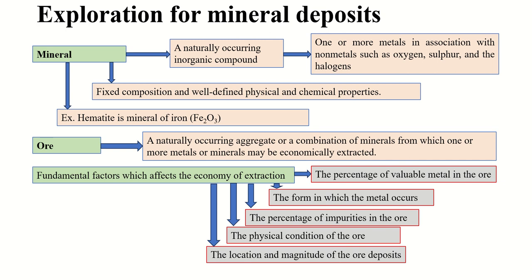The magnitude of that ore deposit should also be identified. Location means, for example, some ores are found in the hills, so there is a big problem to establish the technology there to extract the metal. Transportation also affects this, so transportation facilities should be available to extract the metal economically.